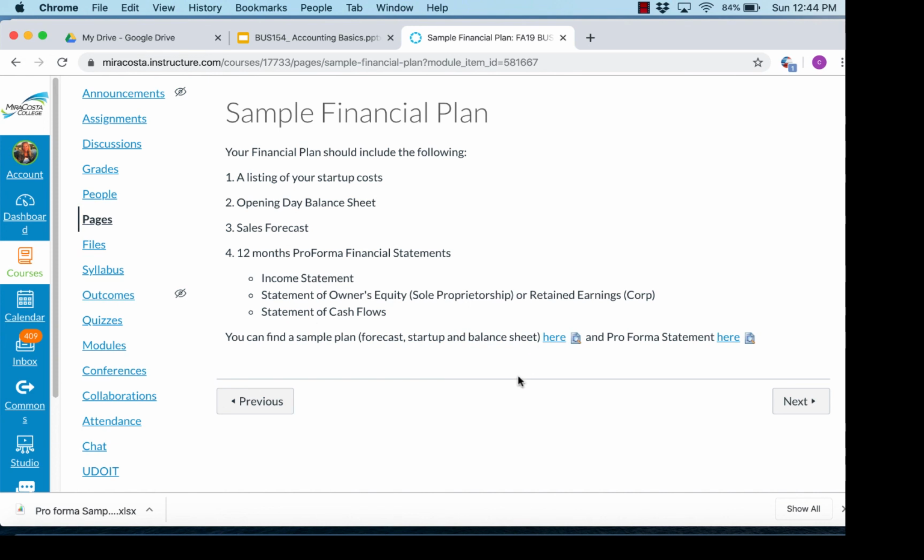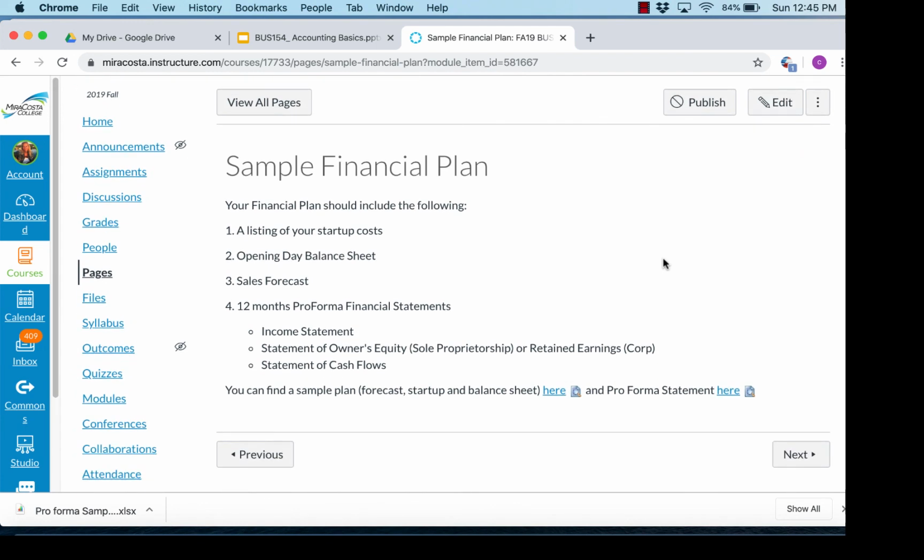I have posted a sample plan for you that includes your forecast, startup, and balance sheet in a doc here, and then your 12 months pro forma statements are right here. You can click on those and you should be able to see and download them.